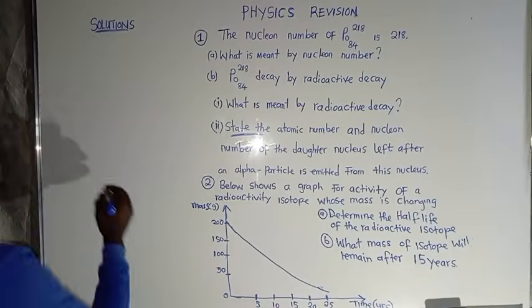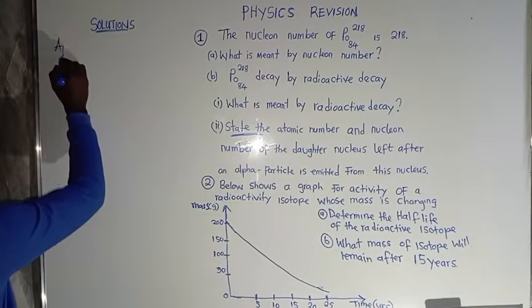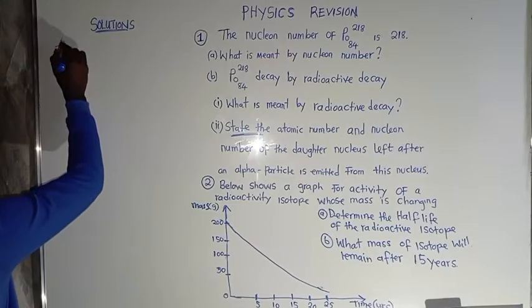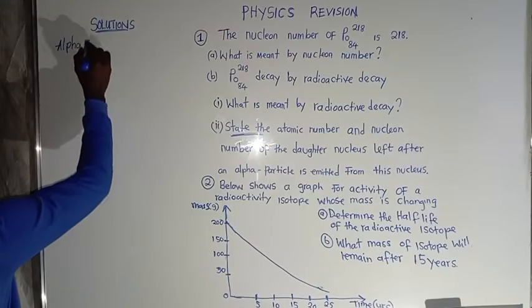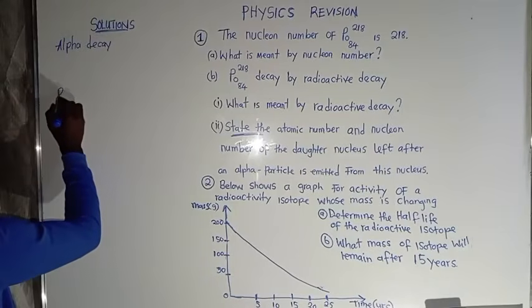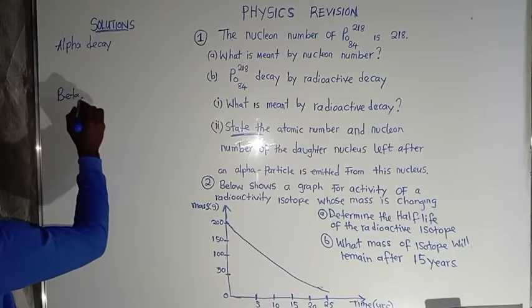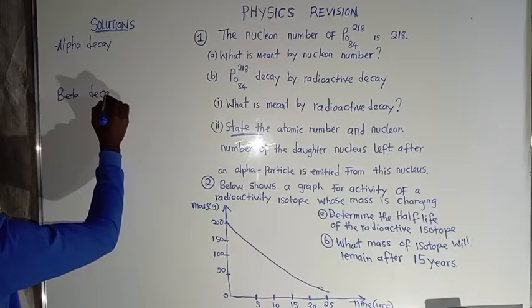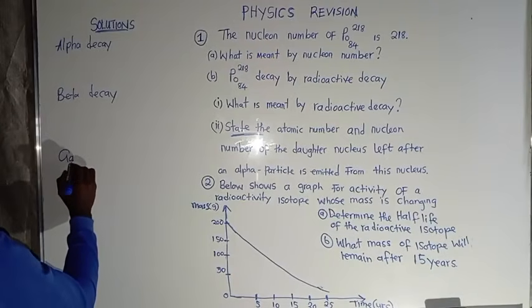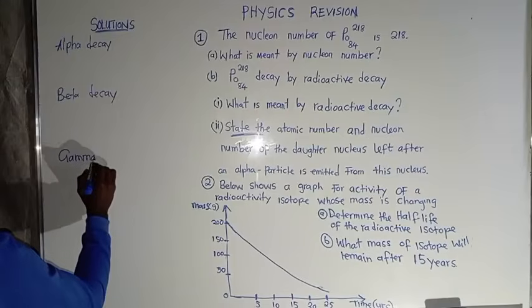There is what we call alpha decay. There is what we call beta decay. There is what we call gamma ray decay.